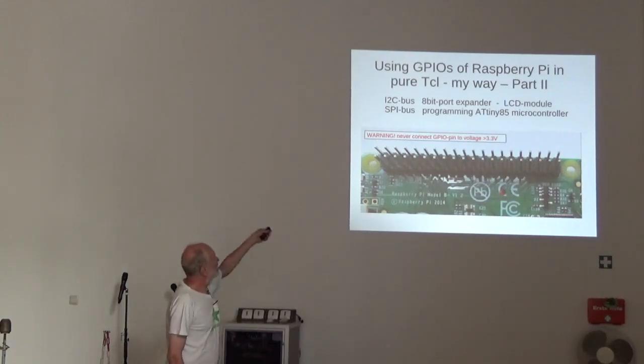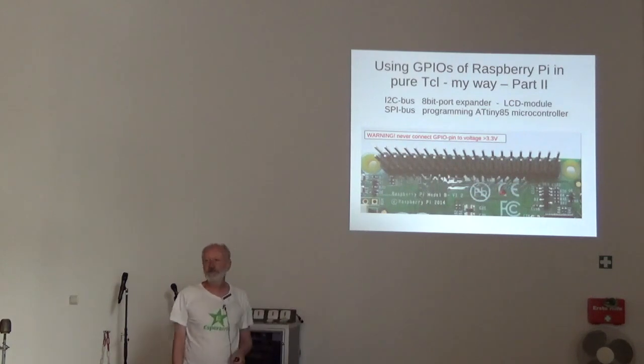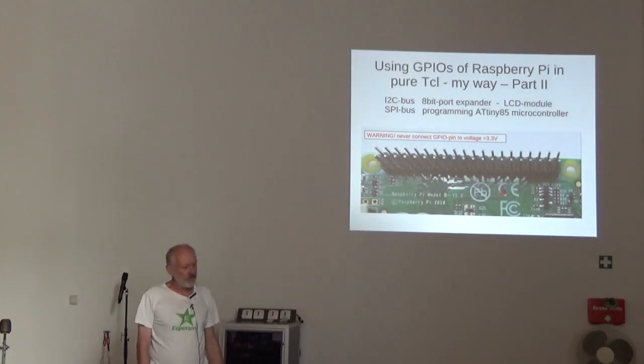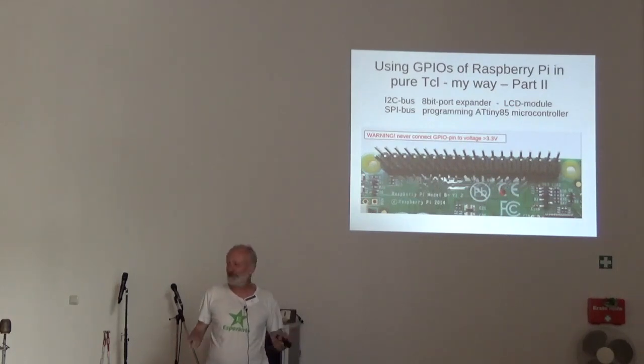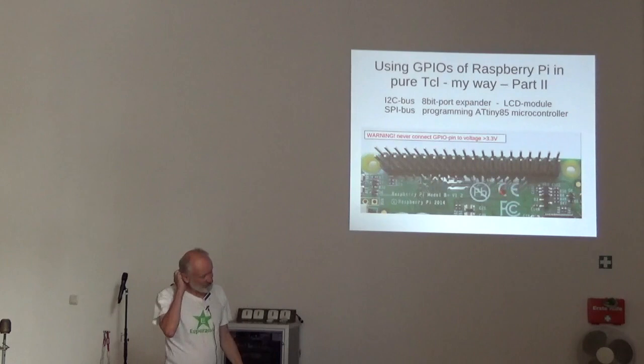Here again on the slide you see the pins of the Raspberry Pi, and I want to mention again that you should never put voltages higher than 3.3 volts to it, because this would damage the chip.